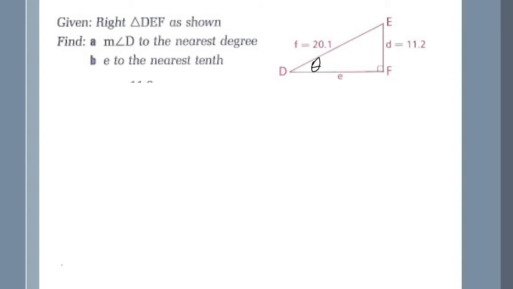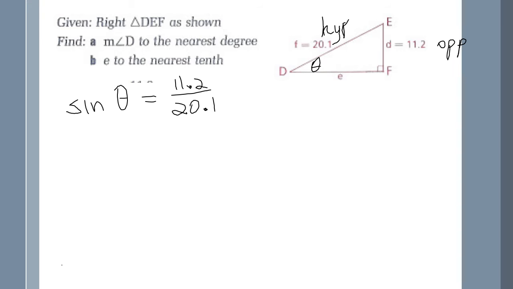So from angle D, theta, this is the opposite, and this is going to be the hypotenuse. And when we plug in O and H into our secret code word, SOHCAHTOA, we know that we are going to use sine. So the sine of theta is equal to 11.2 over 20.1, right? Opposite over hypotenuse.